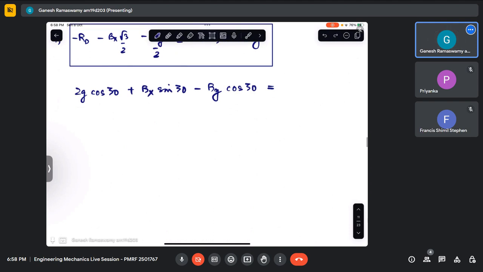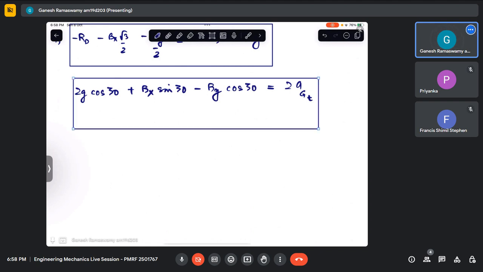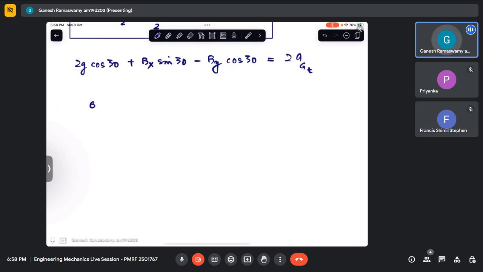Okay. All right. So I have another equation here. Or let me simplify this. So this gives me Bx by 2 minus By root 3 by 2 equals 2 a_g_t minus 2g root 3.